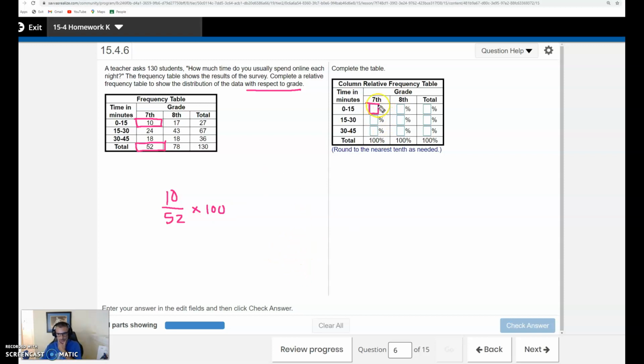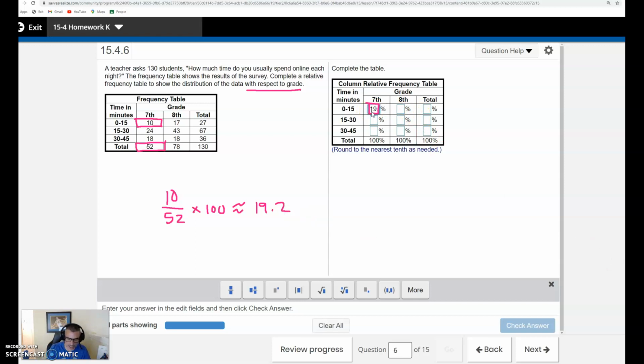And I'll try and get through the 7th grade column. So 10 divided by 52 times 100 equals, and again, you have to round to the nearest tenth. So rounding to the nearest tenth, I got 19.2. So 19.2% spend 0 to 15 minutes.